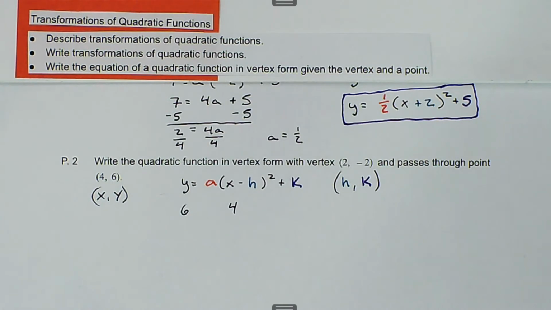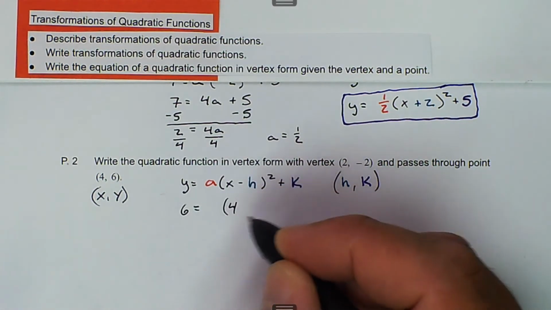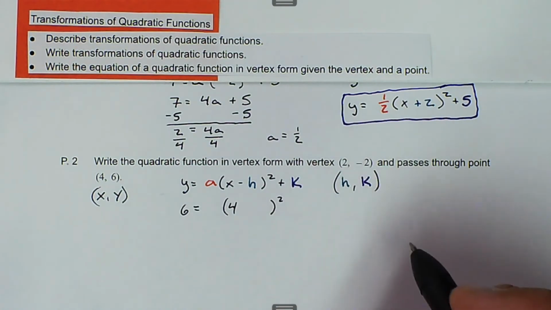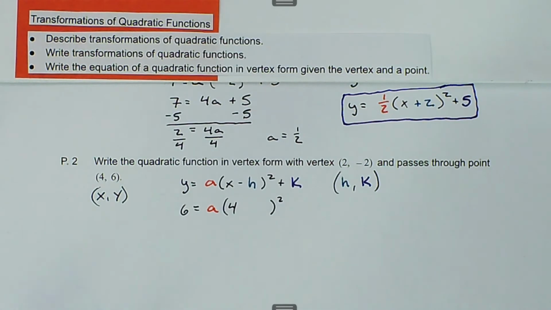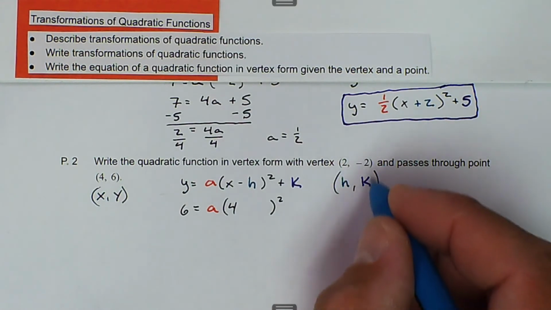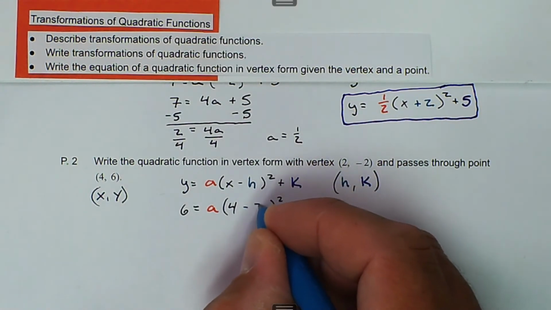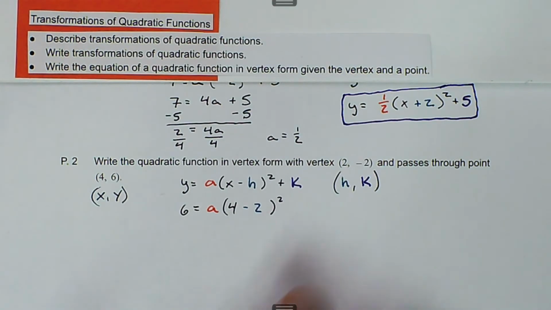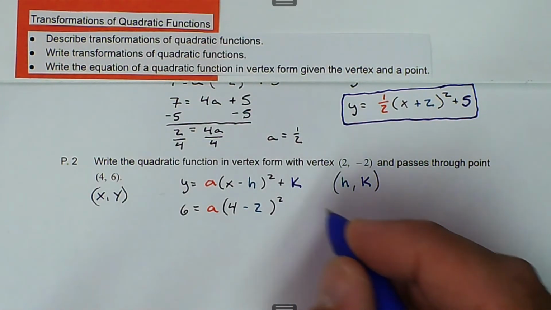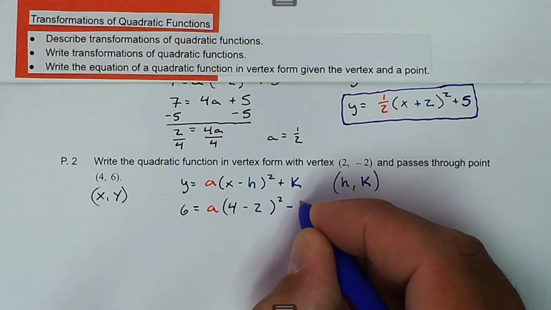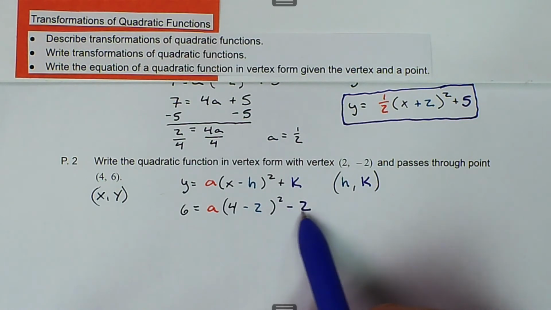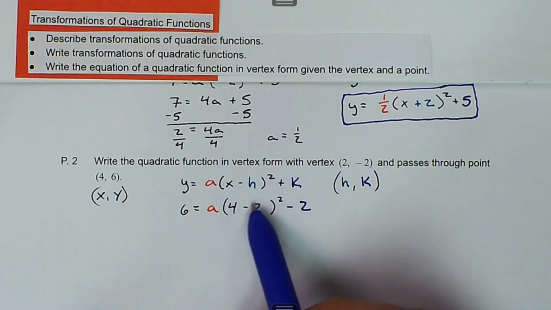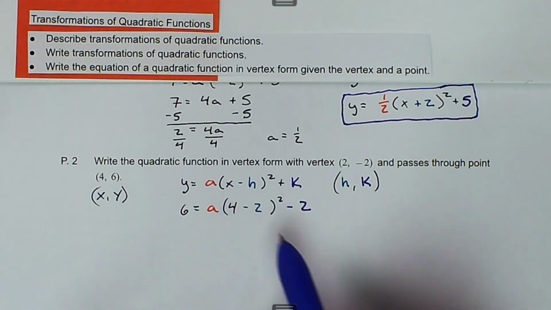We do not know what our a value is, so a stays variable. And then we're going to subtract 2. And we're also going to subtract -2 for the k. So -2 substituted in for k becomes minus 2. And 2 substituted in for h, the negative remains, and then we're just left with 2.